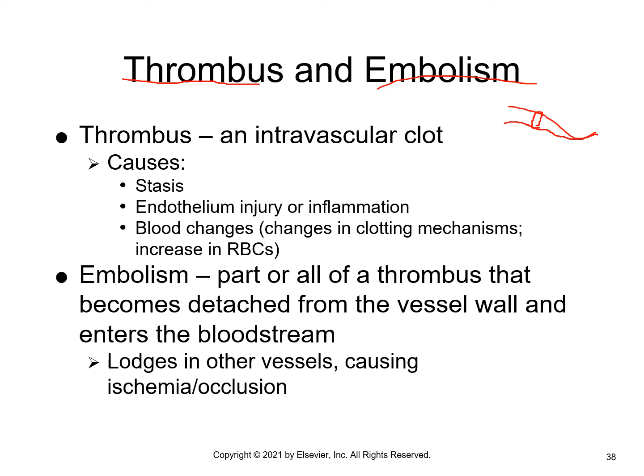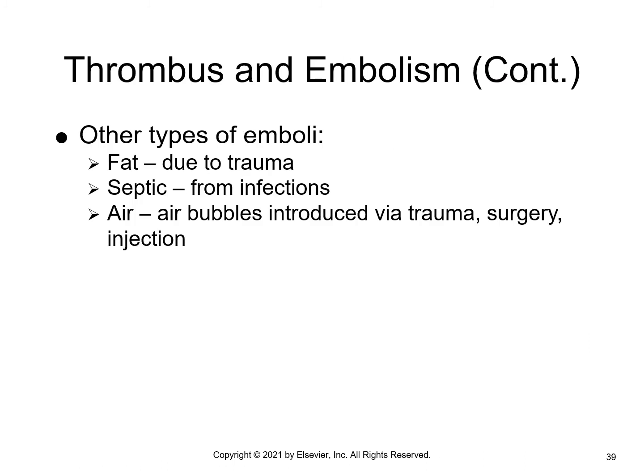Embolism, on the other hand, is part or all of the thrombus that becomes detached from the vessel and enters the bloodstream and then gets lodged in that bloodstream so that no other blood perfusion can occur past that point. Now, we talked about a thrombus being a blood clot embolism, but there are other types of emboli.